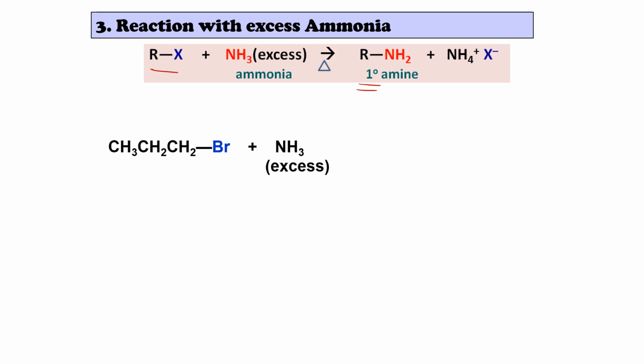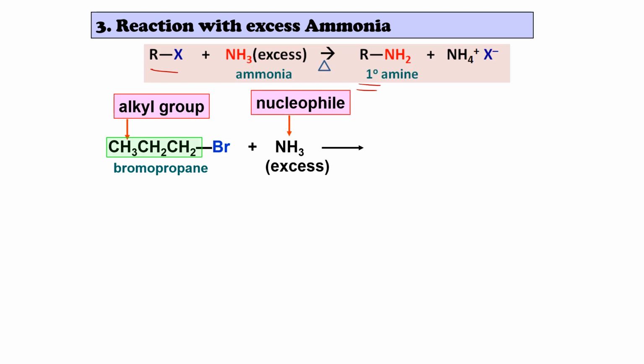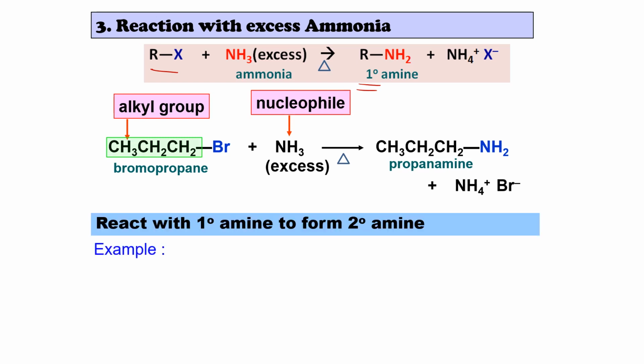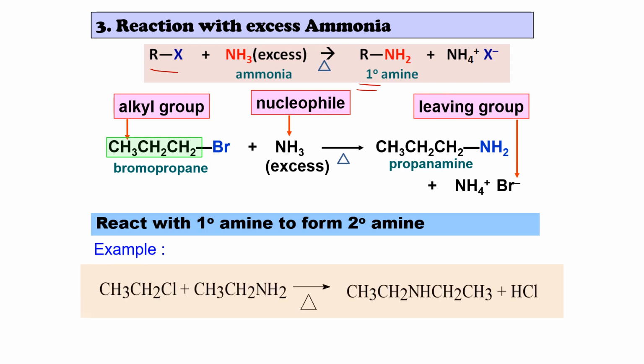When 1-bromopropane reacts with excess ammonia, ammonia as a nucleophile and the product is primary amine, NH4 plus Br minus as a leaving group. When haloalkane reacts with primary amine to form secondary amine. For example, this one is RX and reacts with primary amine. So the product is secondary amine.